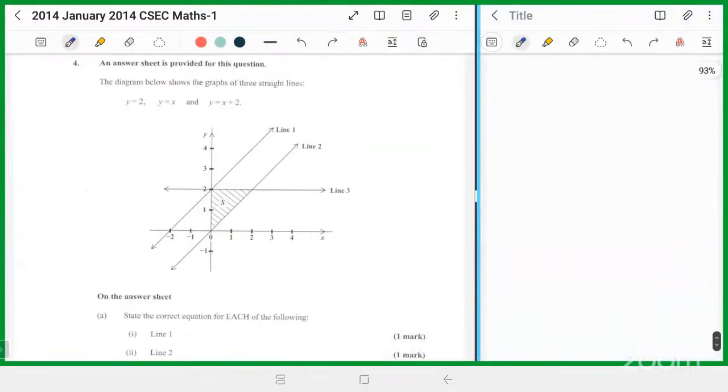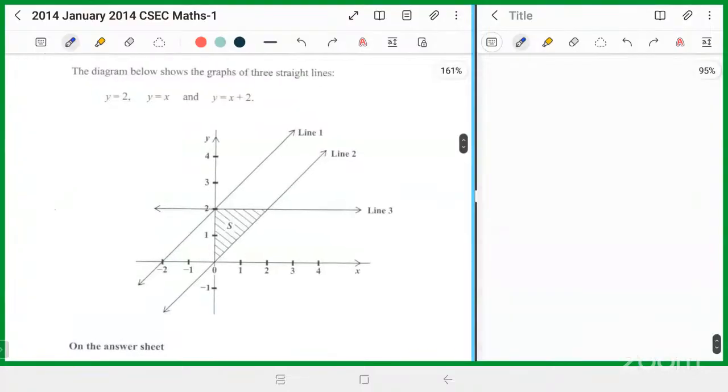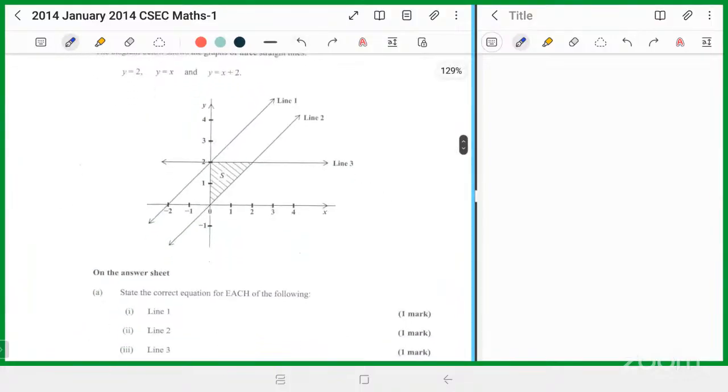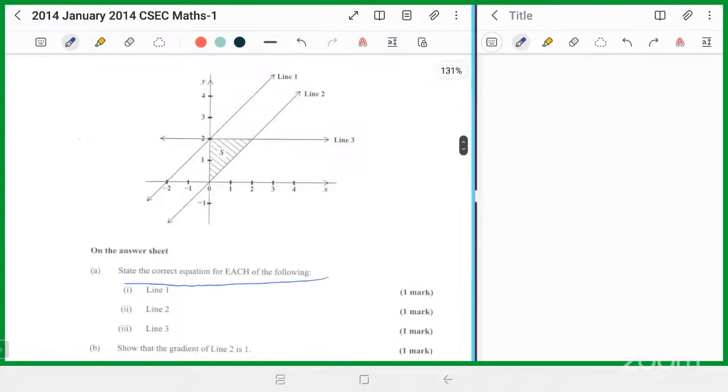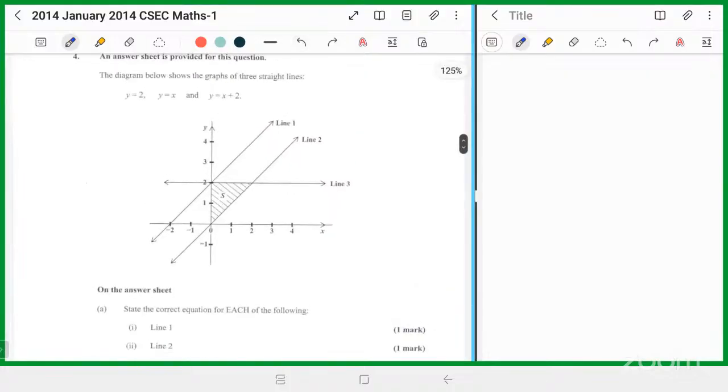Number 4 says the diagram below shows a graph of 3 straight lines: y equals 2, y equals x, y equals x plus 2. The question says state the correct equation for each of the lines. So line 1 has to be this one.